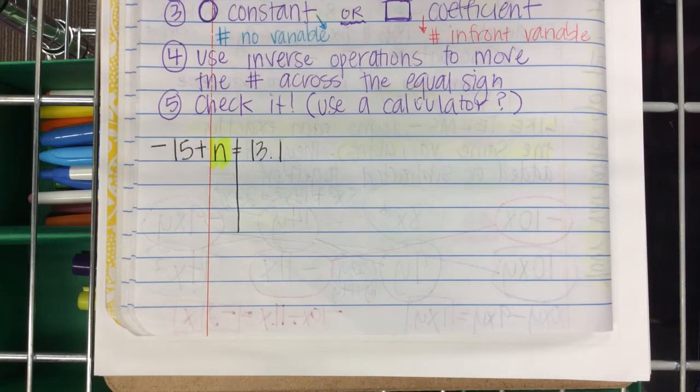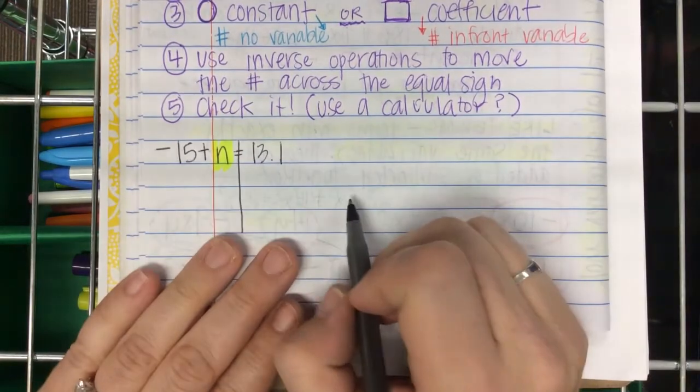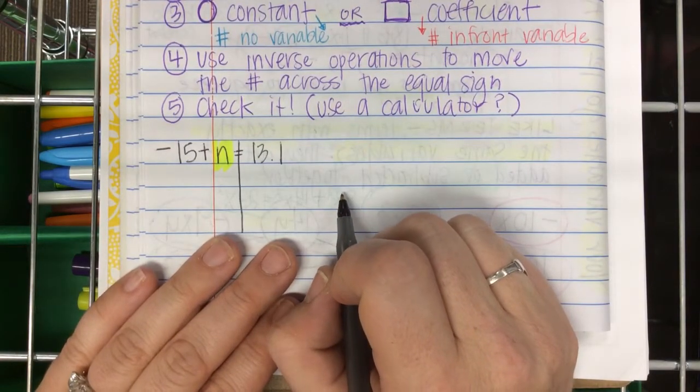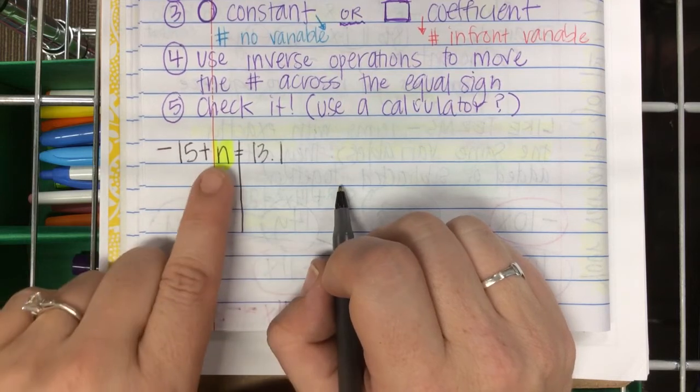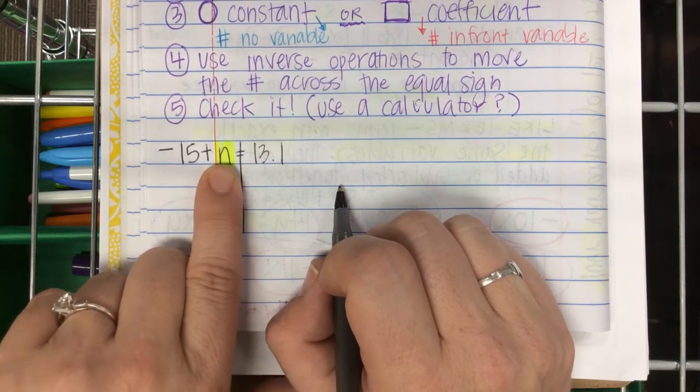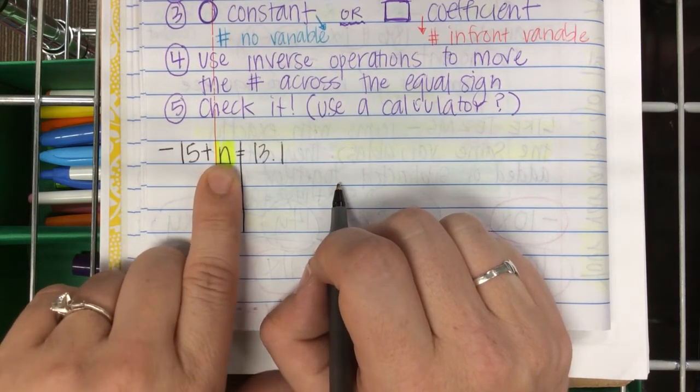Step number 3. What's step number 3? Caden, sorry. Draw a circle around a constant, or a square. Here's my n. It's my variable. Is there a constant or a coefficient?